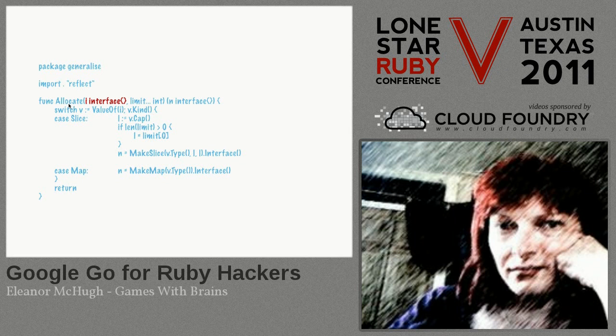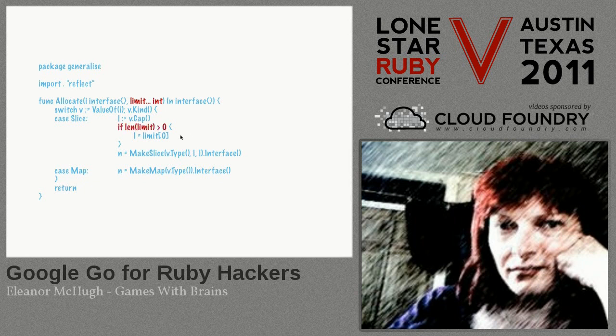Here, yet again, the purpose of this function is just to allocate something based on a random object that's passed in and some idea about what size it is. And this is how Go does variable args. In Ruby, we use splats, and in Go, we use ellipses.